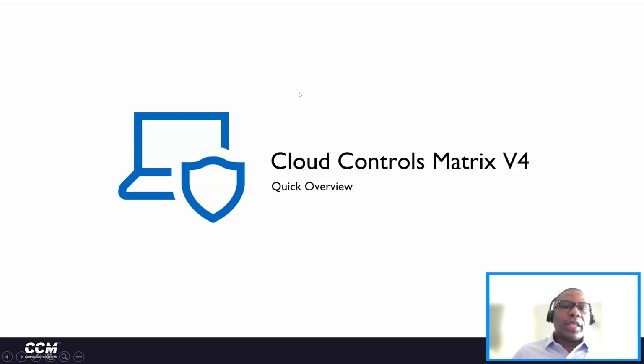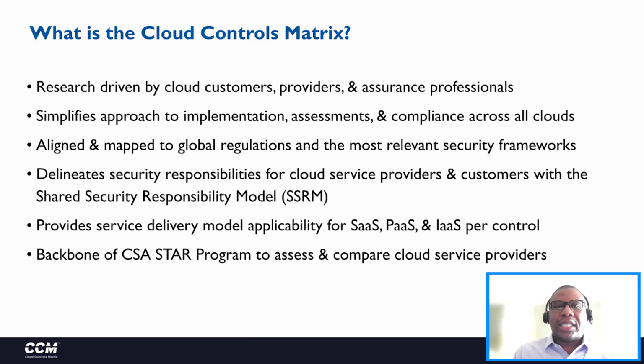A lot of people ask, what is the Cloud Control Matrix? So the Cloud Security Alliance's Cloud Control Matrix, also known as CCM, is specifically designed to provide fundamental security principles to guide cloud vendors and to assist prospective cloud customers in assessing the overall security risk of a cloud provider. The CCM is aligned and mapped to global regulations and the most relevant security frameworks.